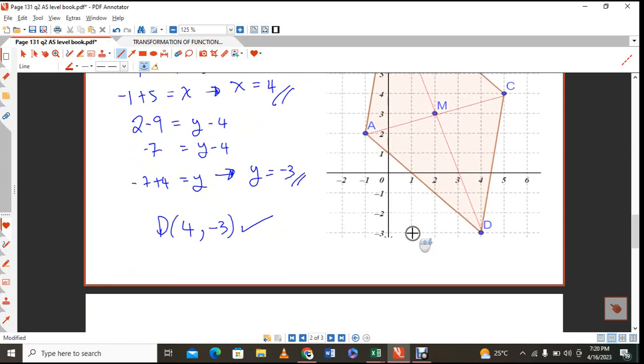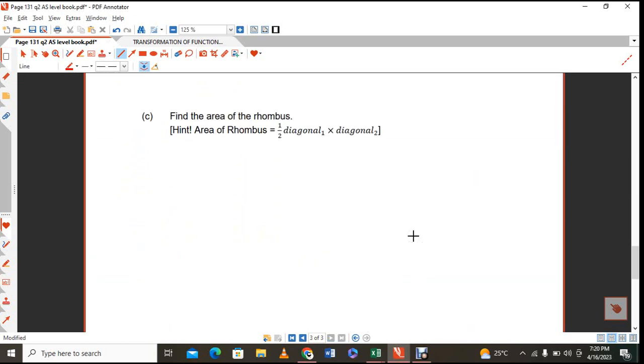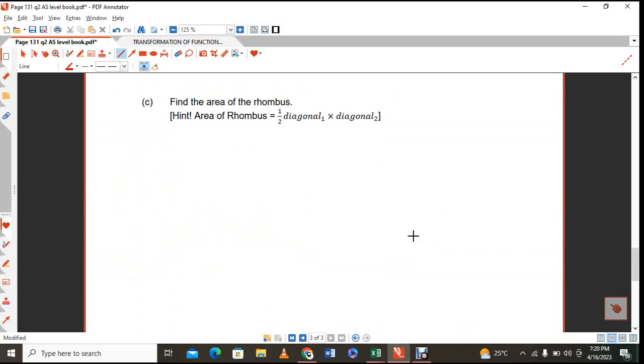Okay, right. So let's write down what I have from our previous work so that you can just follow. I'm going to do the distance of AC. My point A is negative 1 comma 2, and my point C is 5 comma 4.